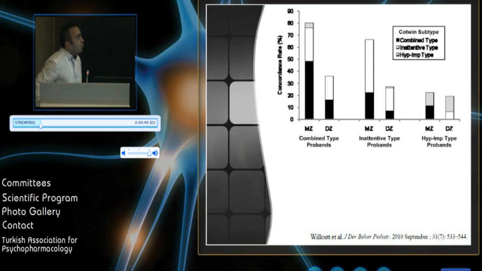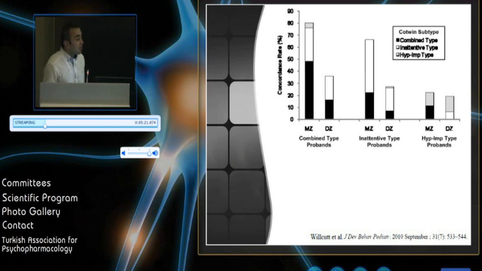When we look at the subtypes in twin trials, the expected outcome is that if a subtype is really a different type, in homozygous twins there has to be a concordance. Combined type and inattentive type twins have different results, but the other siblings have combined type probands. But for the type which has the combination, we cannot talk about the same thing.